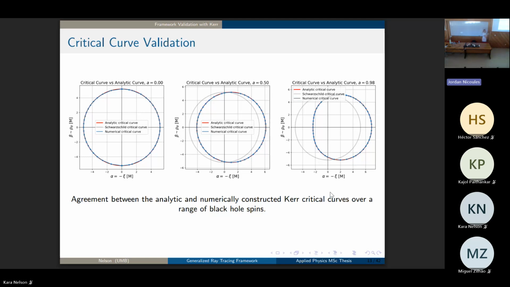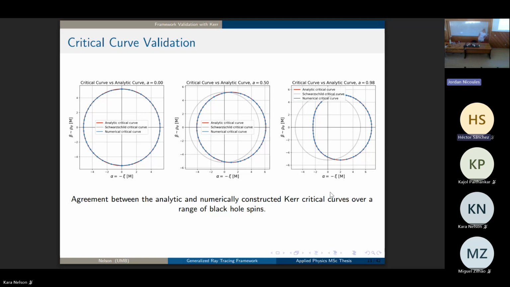The blue and the red are overlapping very nicely, which is awesome. You can see the shadow deformation and translation as we increase spin. We've all seen these pictures before, but this was our first result that shows that we're doing something right.